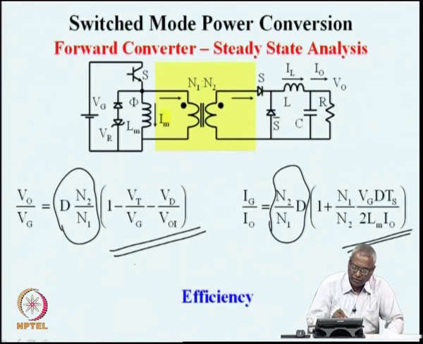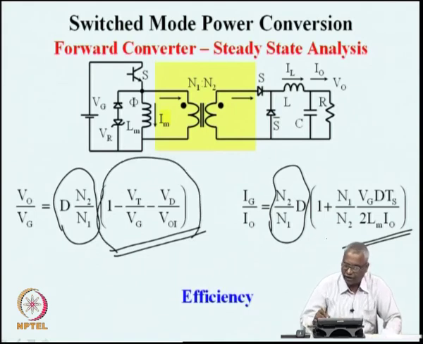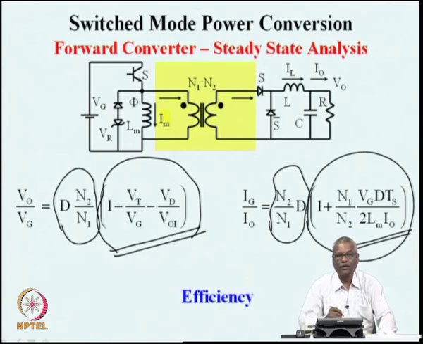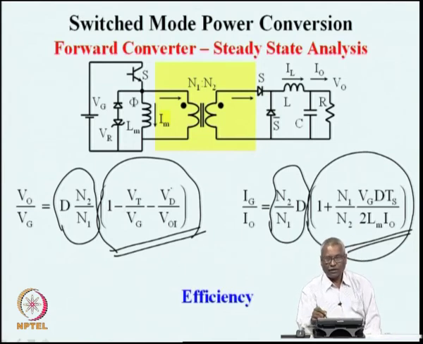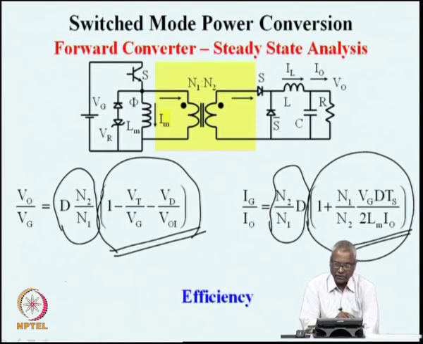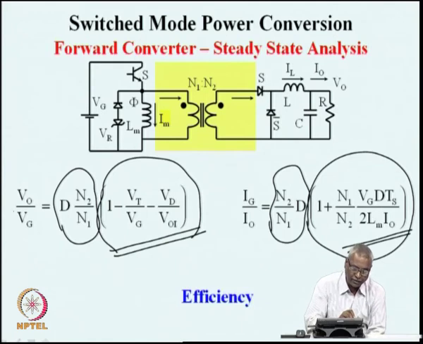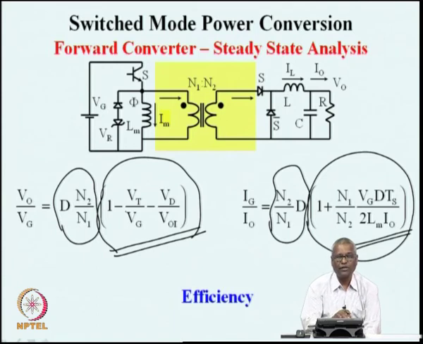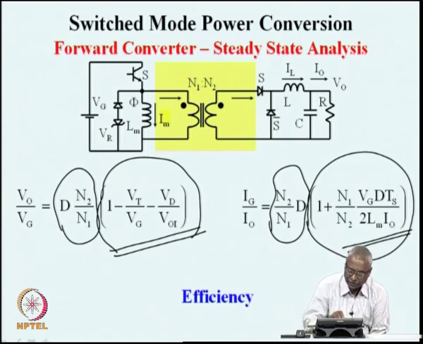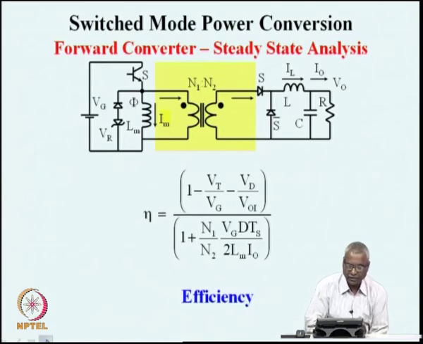So, we can say that this is the fraction by which the voltage conversion has changed from 1. This is the ratio by which the current conversion has changed from 1, and what you notice here is that the DC current on account of the magnetization current is going up on the input side. The DC voltage on account of the several switches is going down on the output voltage, and the efficiency is now the product of these correction terms.